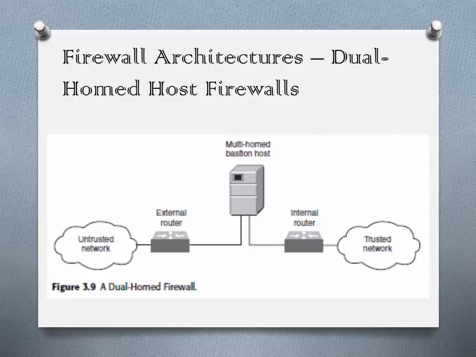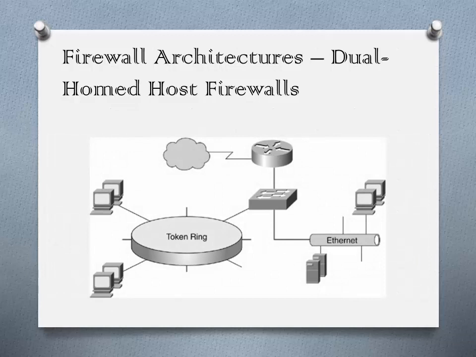IP traffic forwarding is usually disabled and restricted. All traffic between networks and traffic destination must pass through some kind of security inspection mechanism. A multi-home bastion host can translate between two network access layer protocols, such as Ethernet to token ring, for example.